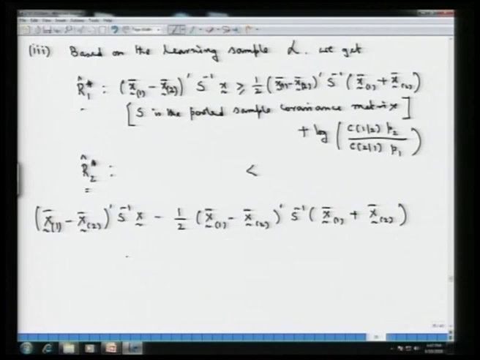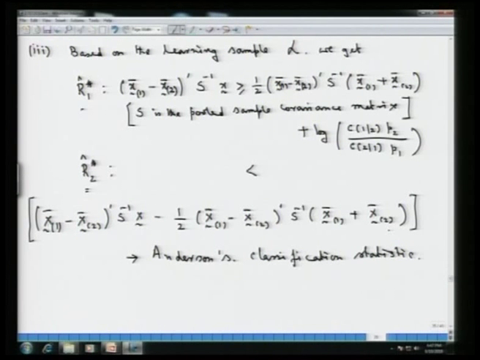This is called the Anderson statistic, or Anderson's classification statistic. This is just a name as such, that this particular term here, which involves the random variables, is called Anderson's classification statistic.